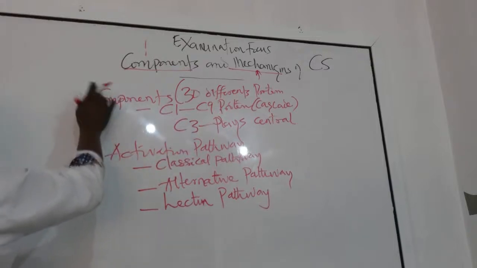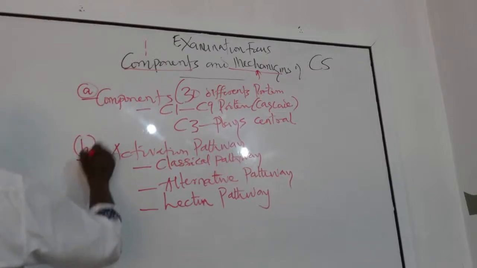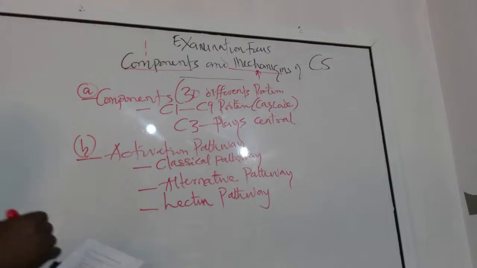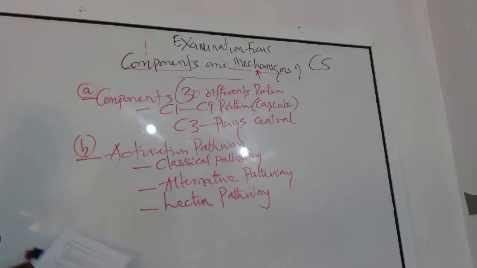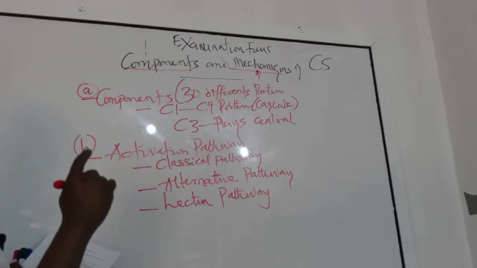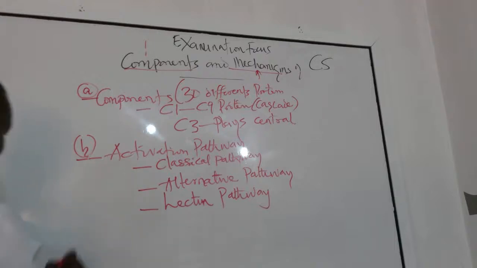Okay, so already, if there is any question on this, you're already answering it. The first one is to look at the components. The second part is to talk about the activation pathway. How is the complement system being activated?